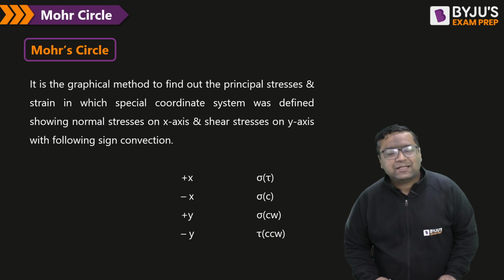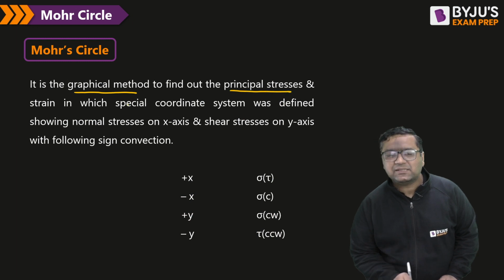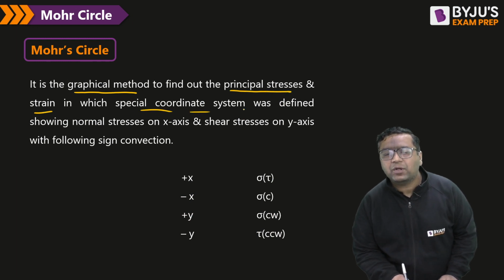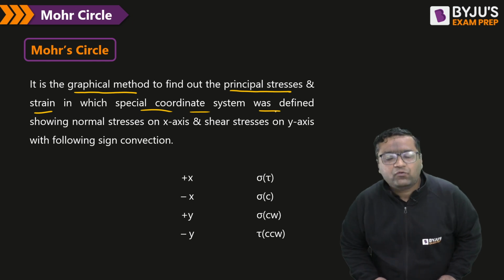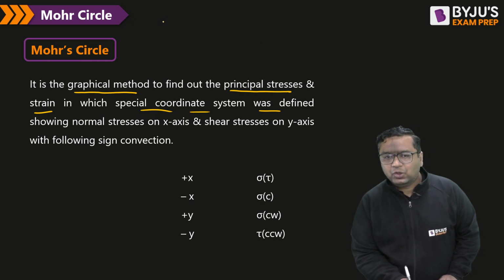As I already told you, it is a wonderful graphical method used to find the principal stresses and strains, for which a special coordinate system was defined. For plotting the Mohr circle, Mohr defined a coordinate system with normal stresses on the x-axis and shear stresses on the y-axis.